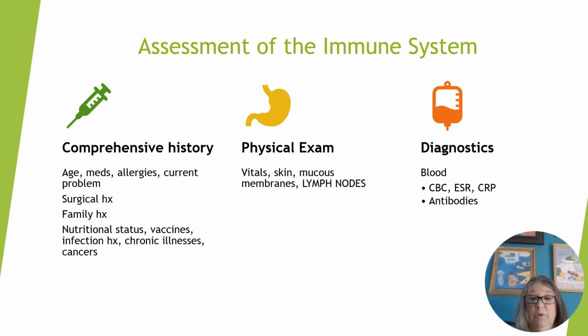Nutritional status is important to assess because suboptimal nutrition can negatively affect the immune system. For our physical assessment, this is going to include all of the vitals, inspection of the skin and mucous membranes, palpation of lymph nodes, exam of the neurological, respiratory, cardiovascular, GI, GU, and musculoskeletal systems, right? So full on head to toe.